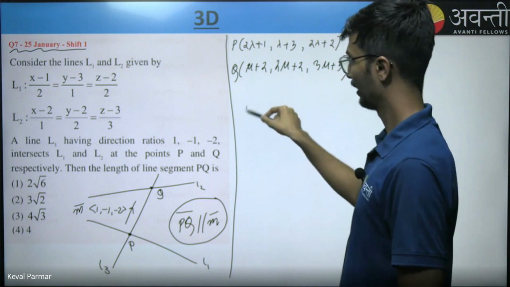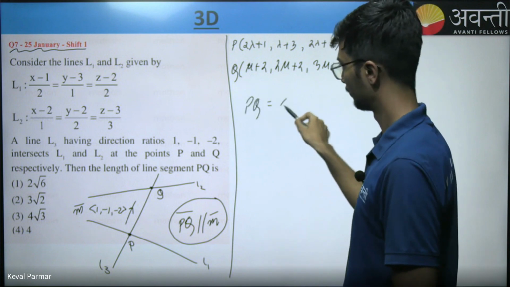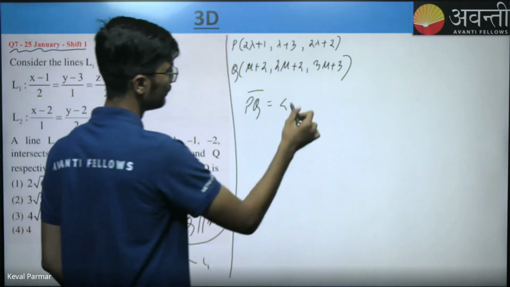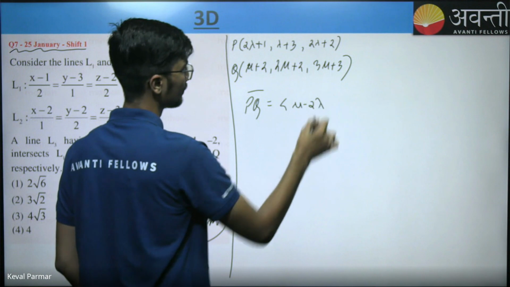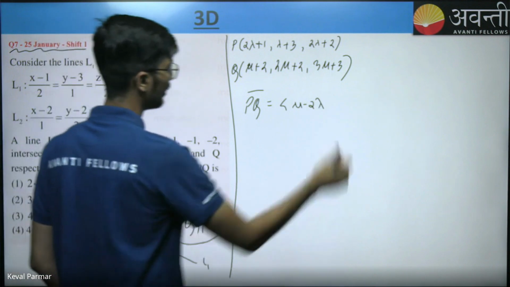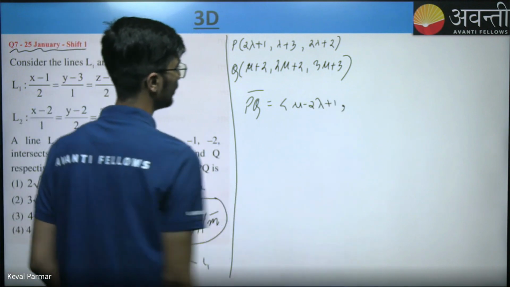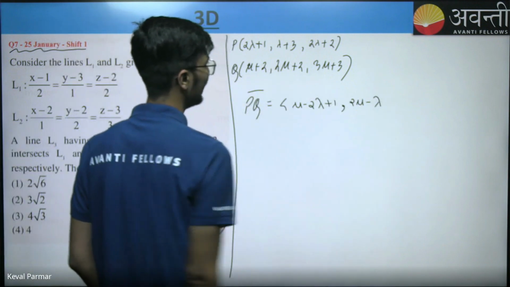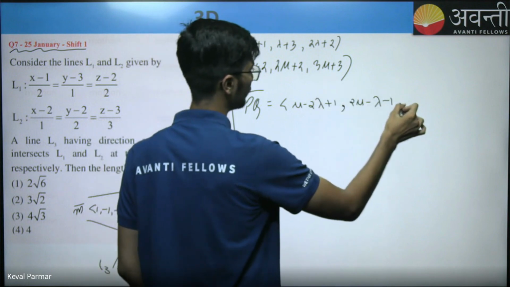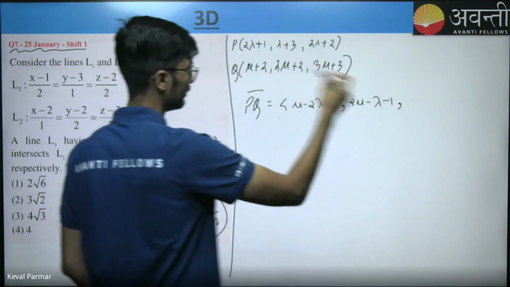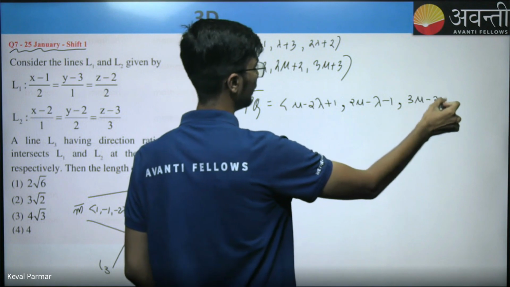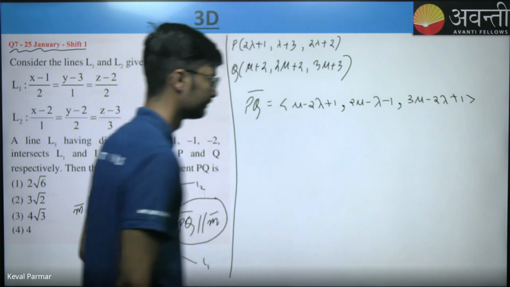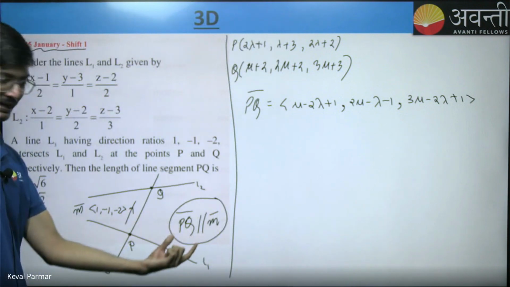If I try to get the PQ vector, what will it look like? This minus this: mu minus 2 lambda plus 1, 2 mu minus lambda minus 1, and 3 mu minus 2 lambda plus 1.